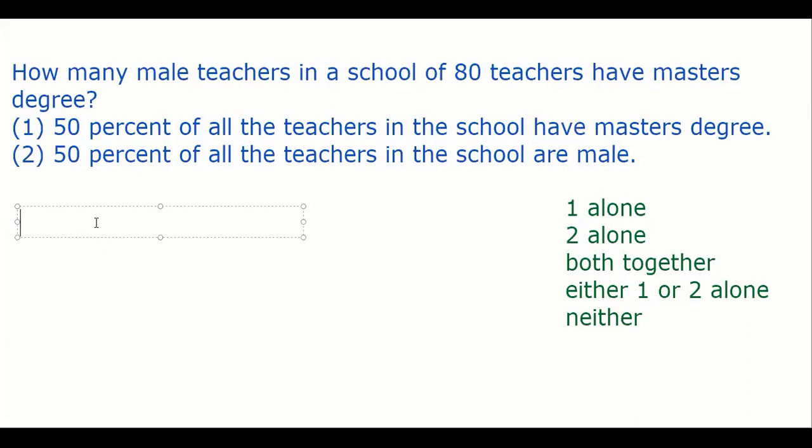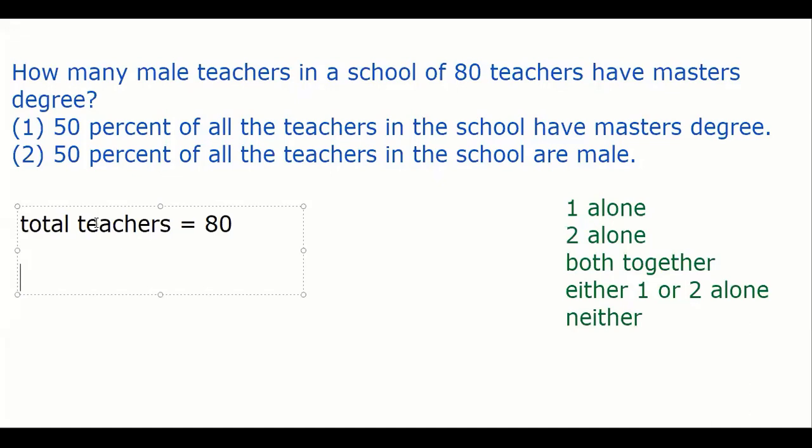So see now. From the question itself, we know total teachers are 80. Our question is, how many male teachers who have master degree? So let's see the option number 1 now. Statement 1: 50% of all teachers in school have master degree.